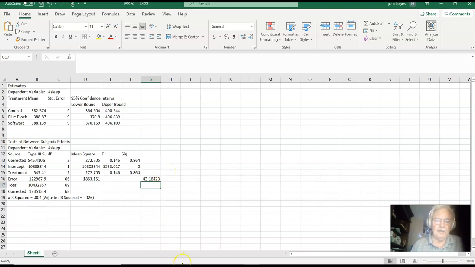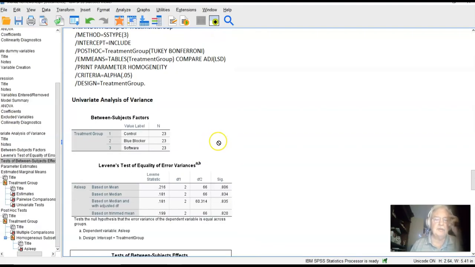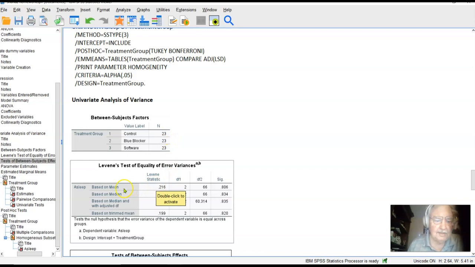And then if we come back to our output, scroll up to the top, we notice that one of the pieces of information that it gives us is the n. Here it also does a number of ways of looking at the equality of variance.